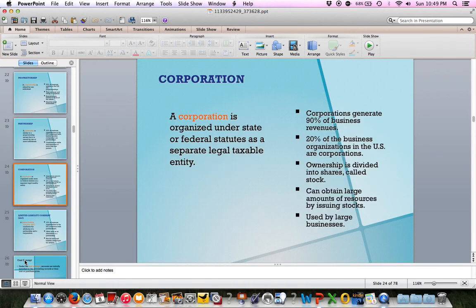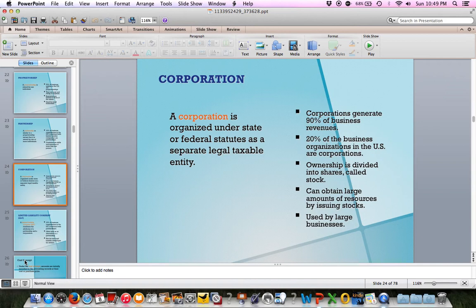Corporations are probably what we're fairly familiar with, just because corporations are so big. Just drive down 41st Street and think of the big companies that you see, and they're going to be corporations. And it says that corporations generate 90% of revenues. So keep in mind, 70% of businesses were sole proprietorships, but corporations generate 90% of all revenues.